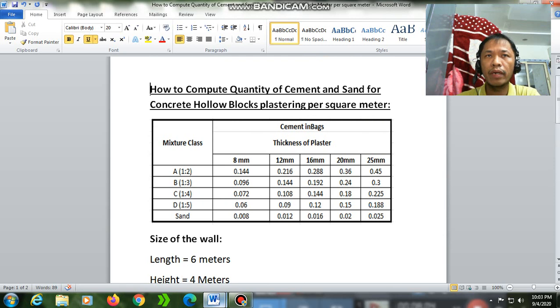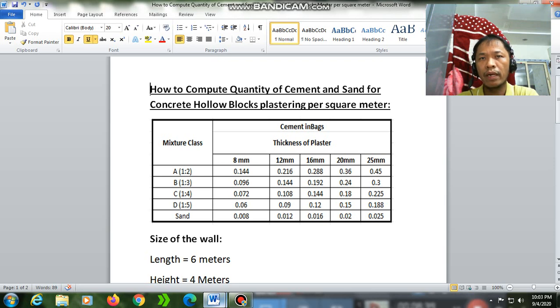So as we assume 16 mm, this is the average thickness, class B. So you need to multiply the area by 0.192, and for the sand you need to multiply by 0.016. So if you use 12 mm, it's up to you. If you will use 12 mm, you'll use 0.144. So nasa inyo na yan. But our example today, we will use 16 mm. So we'll multiply by 0.192.